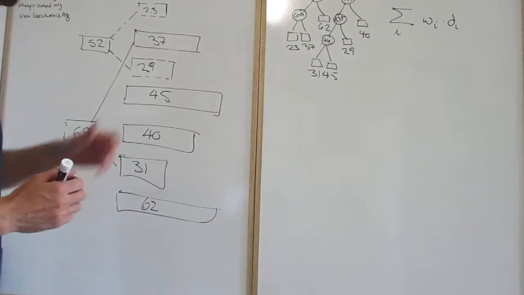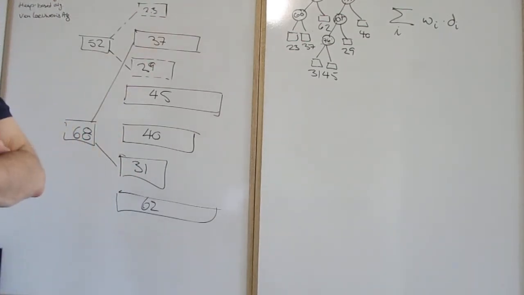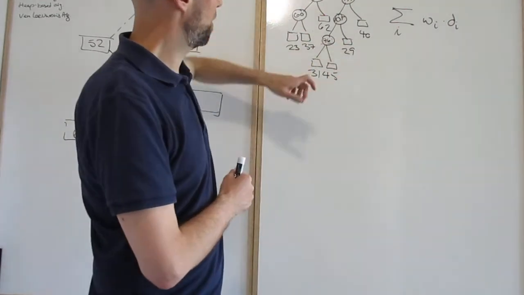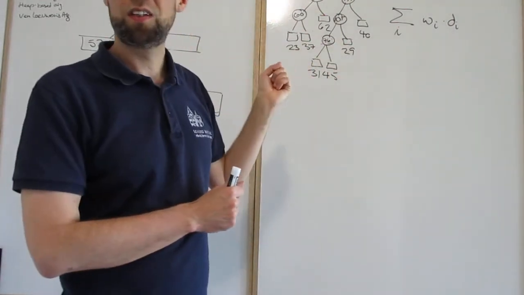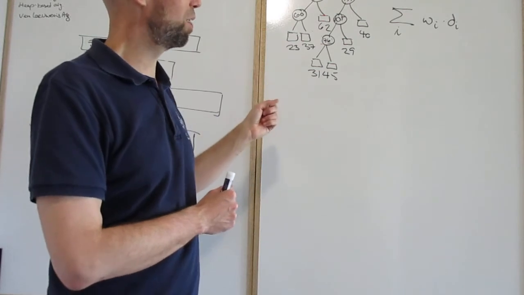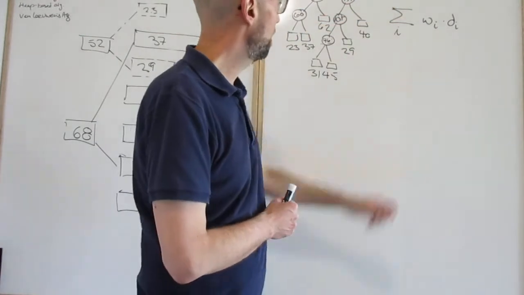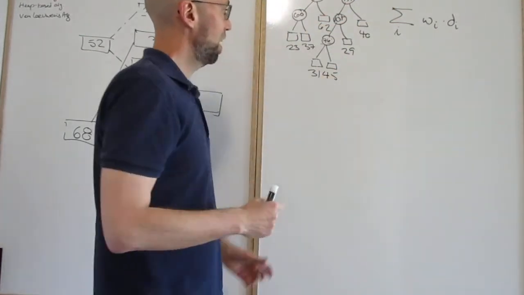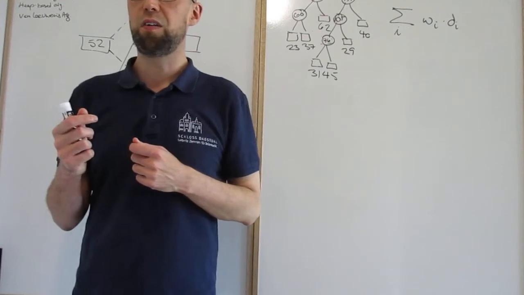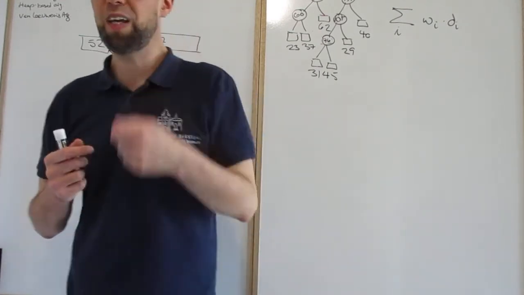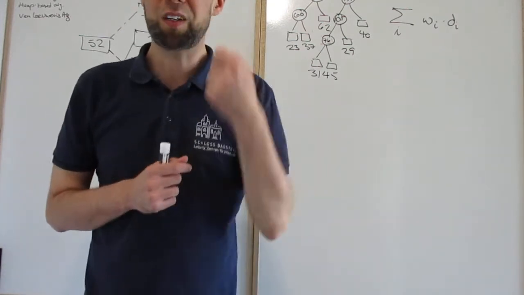Okay, so is this a good tree? No. This is a silly tree. Because if I'm trying to minimize this, maybe you can't actually see this tree easily with the webcam, but why would I put 29 higher than 45? Right? Because that way I'm paying 45 more times.